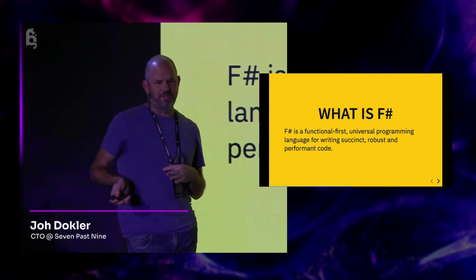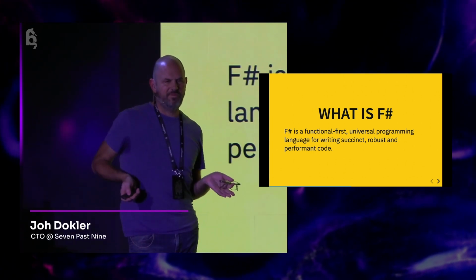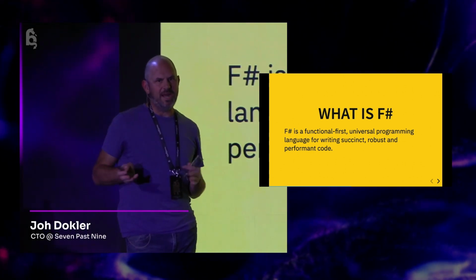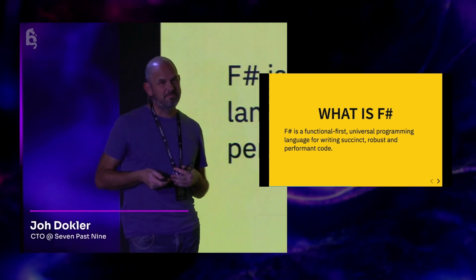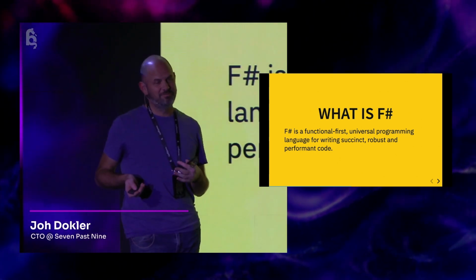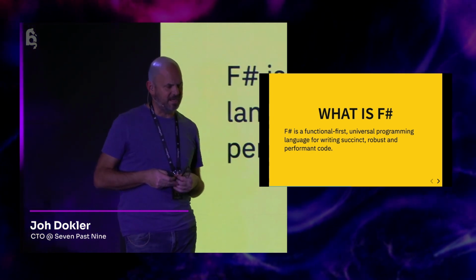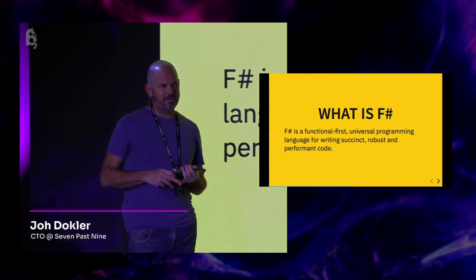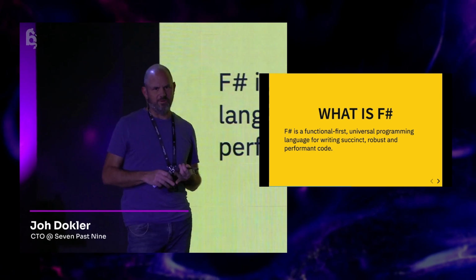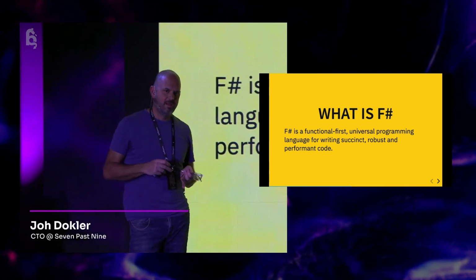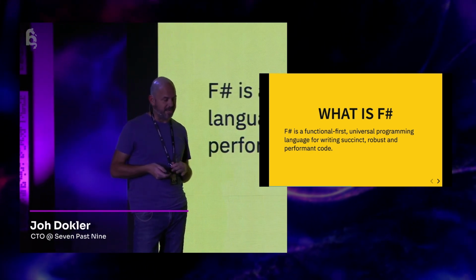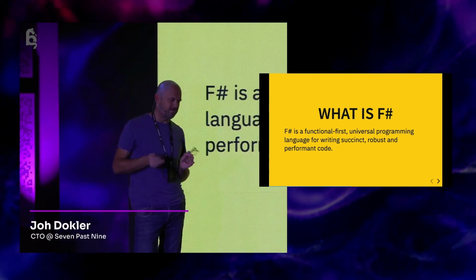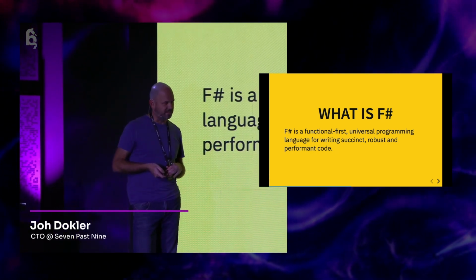It is part of the broader family of ML languages. ML, I think, stands for meta language, but I'm not entirely sure. Another good representative from this family is OCaml, which is also a very nice language. Similar to F#, but then there are differences.